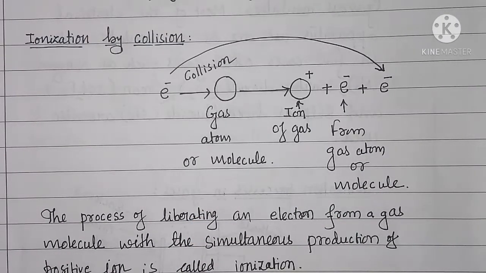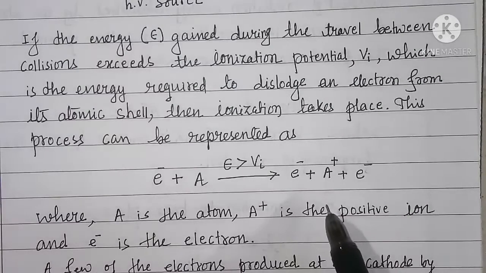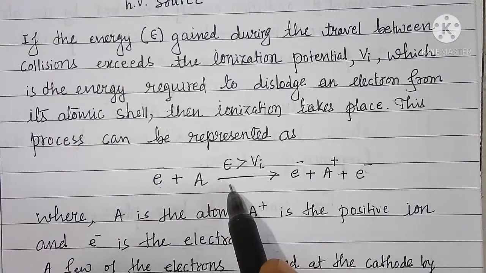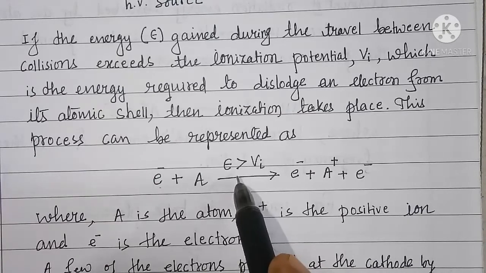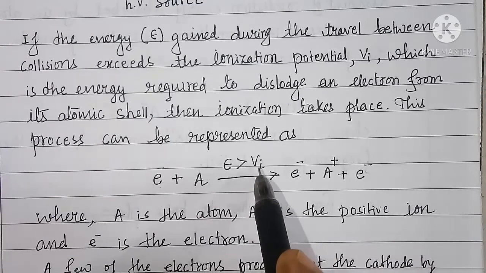And we had written an equation to explain the entire process in this way: gas atom collided with a free electron released by the cathode due to photo radiation incident on it, with a condition that the kinetic energy gained by the electron between the collisions is more than the ionization energy of the gas atom.